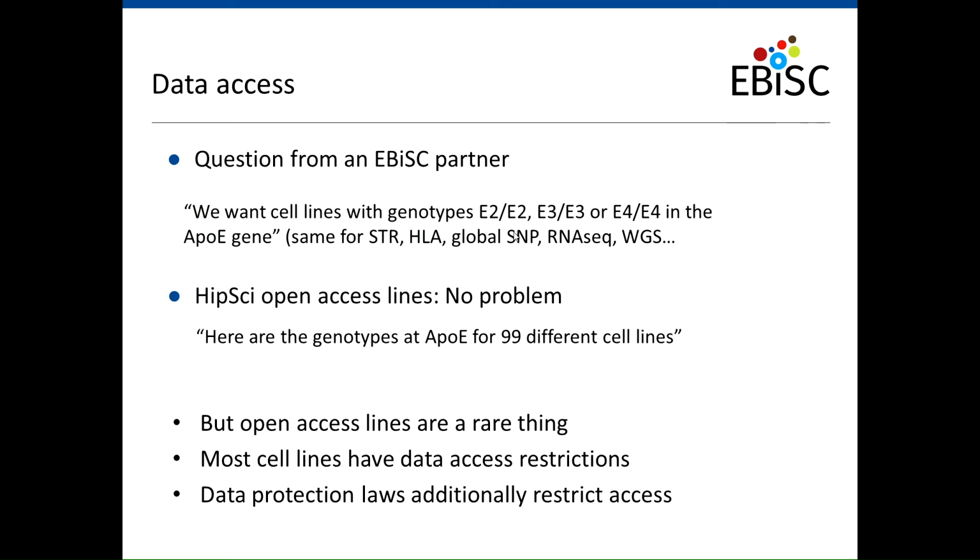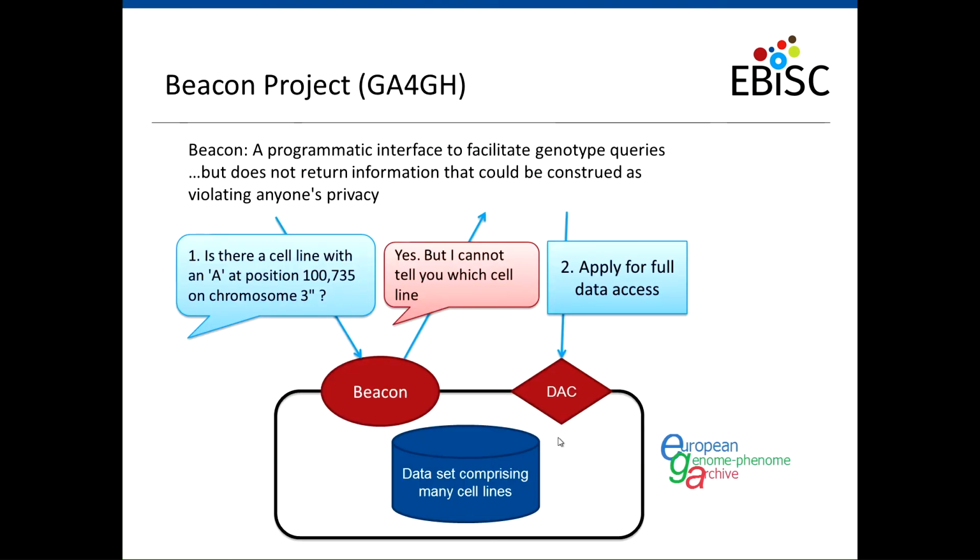We want a cell line with this genotype, E2, E3, E4, in the ApoE gene. And in the EBiSC, as Peter mentioned, this is no problem because these are all open access. But if this is not available, like for many informed consent information forms, then we have a problem to find these data, and we need to go through a data access committee. And there might be different data access committees.